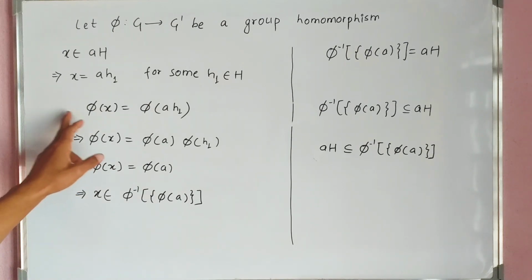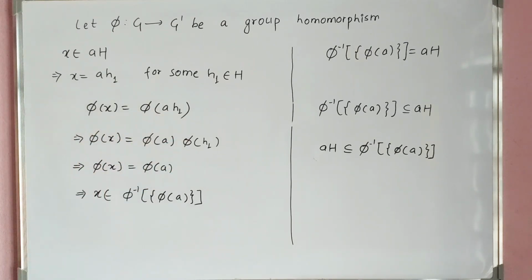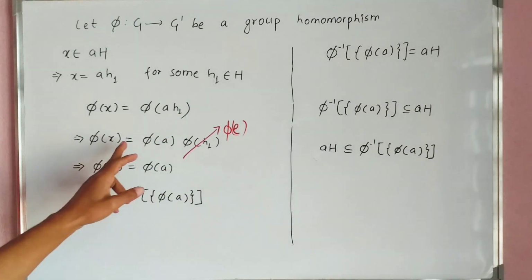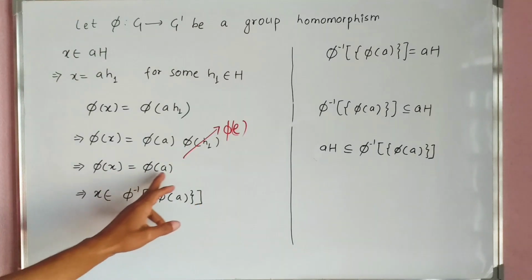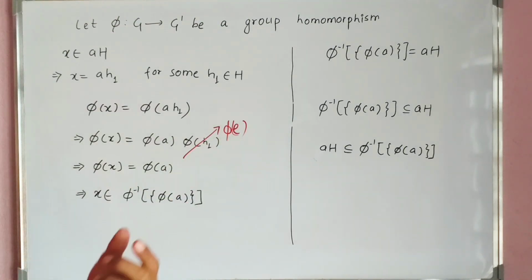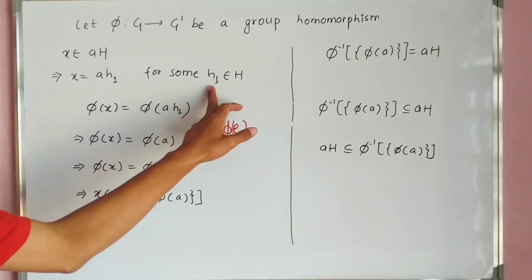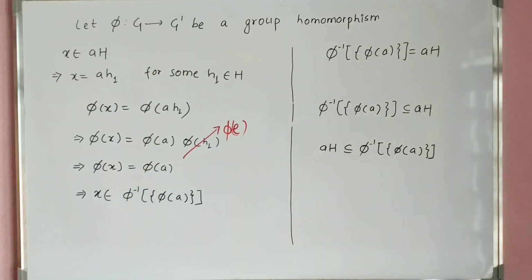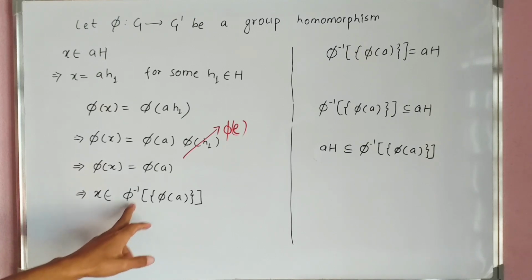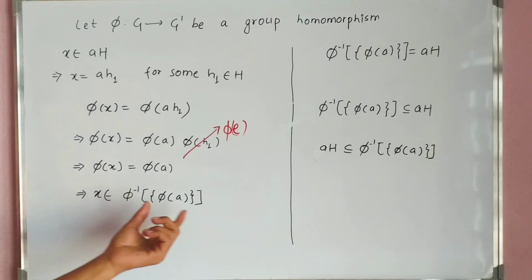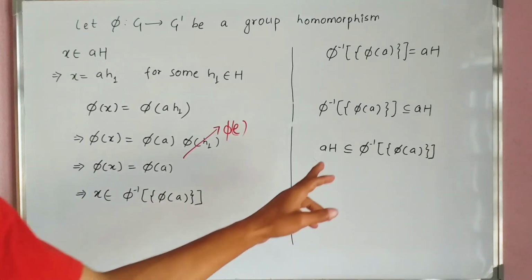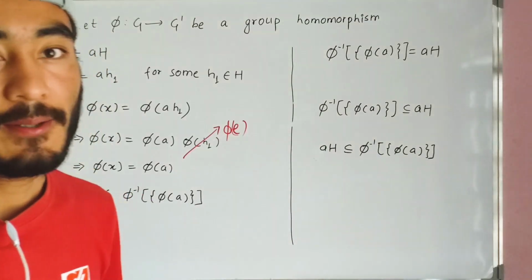Then φ(x) equals φ(ah1), and that is φ(x) equals φ(a) times φ(h1), and this gives us φ(x) equals φ(a) because φ(h1) is the identity element φ(e), because h1 belongs to the kernel H. So we have x belongs to φ⁻¹(φ(a)) from the definition of this set. φ(x) equals φ(a) implies x belongs to this set. So we have aH is a subset of φ⁻¹(φ(a)).